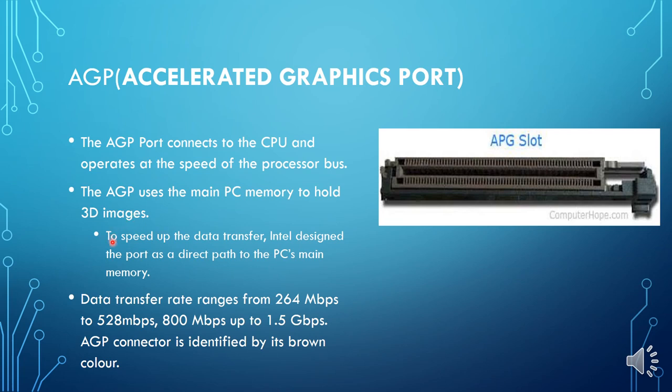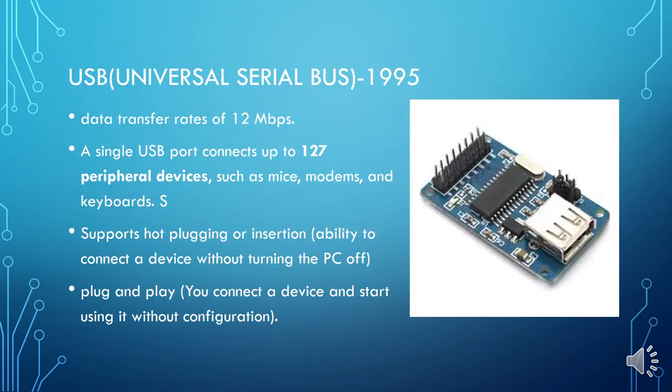Why was it introduced? To handle 3D images, or you can say high quality graphics. Data transfer rate is 264 Mbps to 528 Mbps, 800 Mbps to 1.5 Gbps. The AGP connector is identified by its brown color.